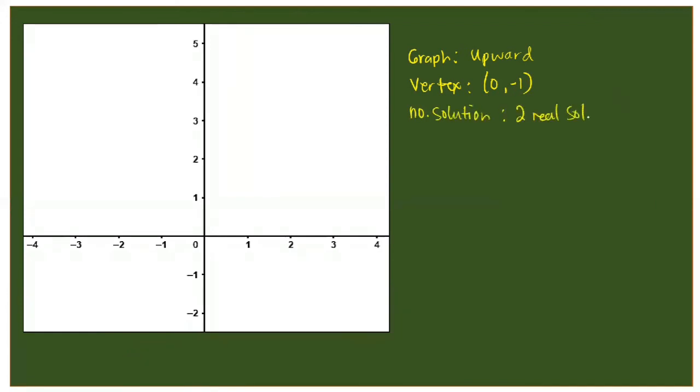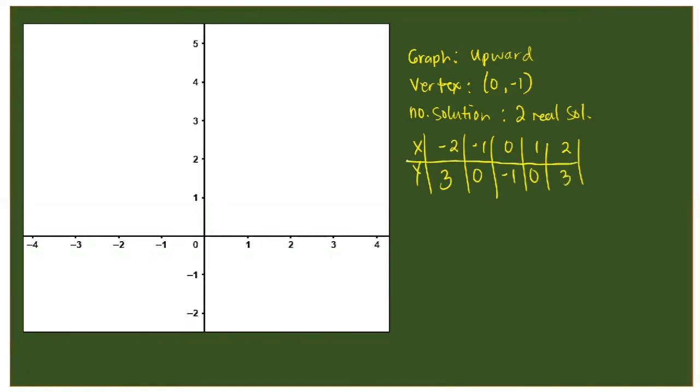And then, we have the table of values na x and y: negative 2, negative 1, 0, 1, and 2, na ang y natin ay positive 3, 0, negative 1, 0, and positive 3. So, this is the table of values na na-complete natin kanina. Now, we are going to plot the ordered pair that we have.